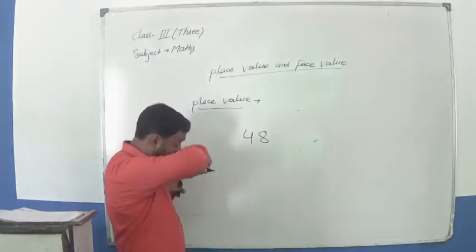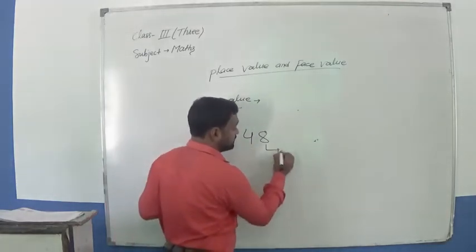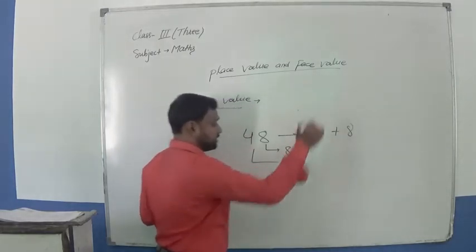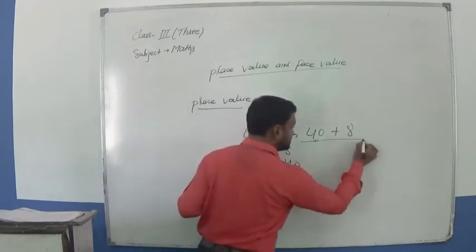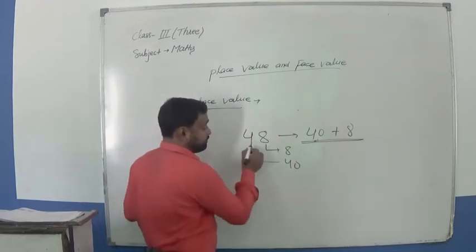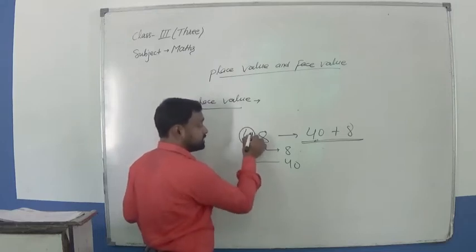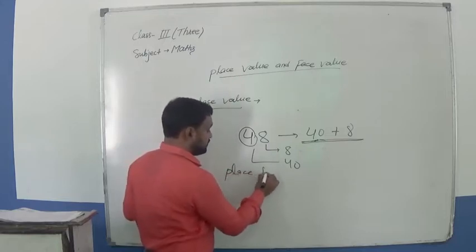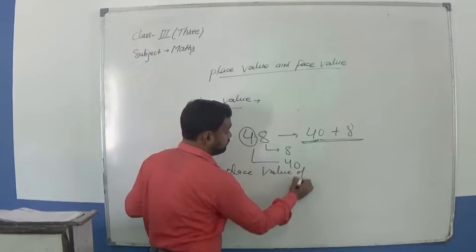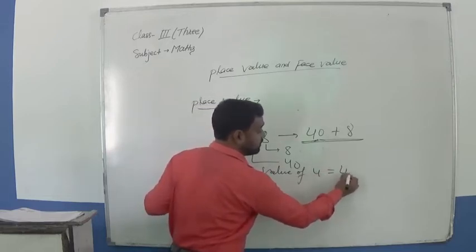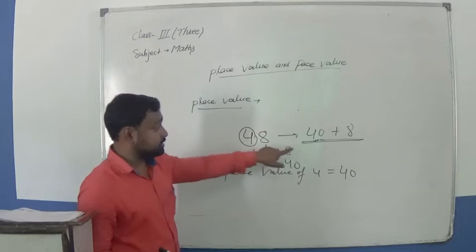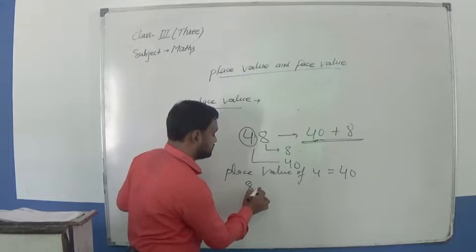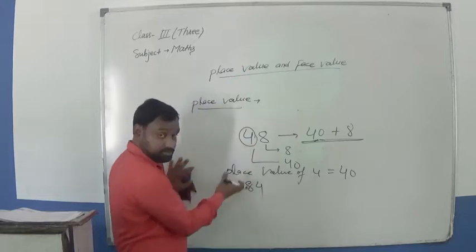48. How do you write it? 40 plus 8. Then the place value of 4 here is 40. Now we just reverse the digits: 84.